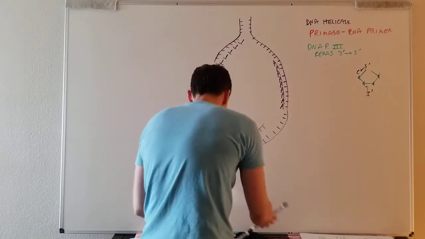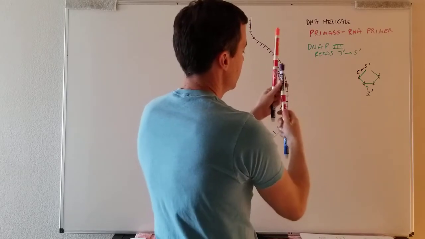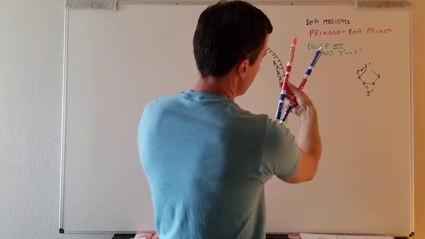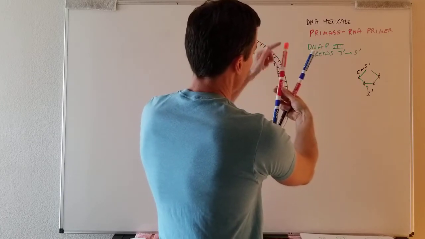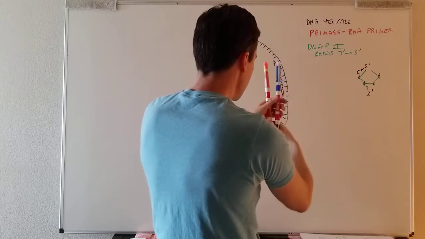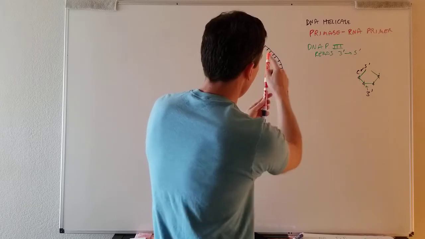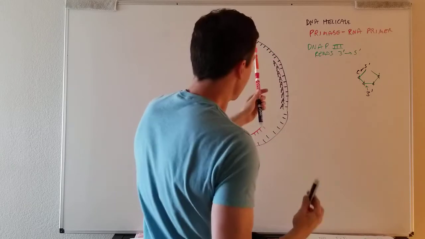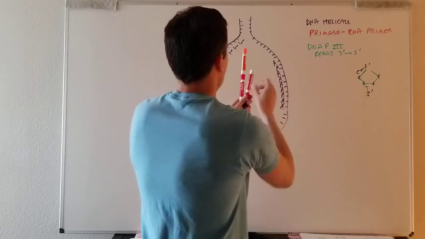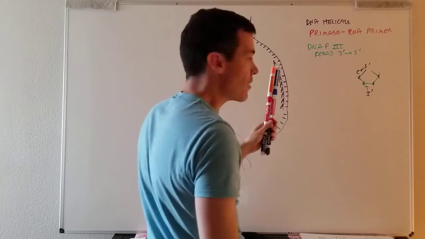So if I'm looking at my anti-parallel DNA, this would be parallel DNA, but DNA is anti-parallel, so it's like this. On this side I'm going bottom, top, bottom, top, 3, 5, 3, 5, 3, 5. So if I'm reading in the 3, 5 direction, I need to be putting bases down on the other side 5, 3, 5, 3, 5, 3, because DNA is anti-parallel.